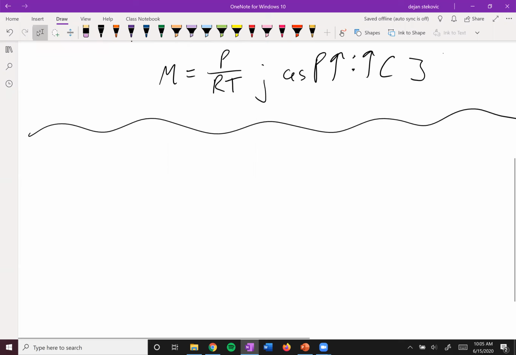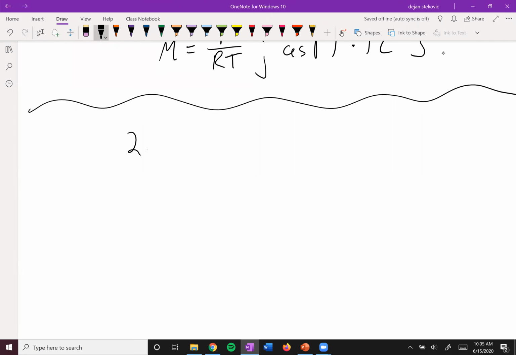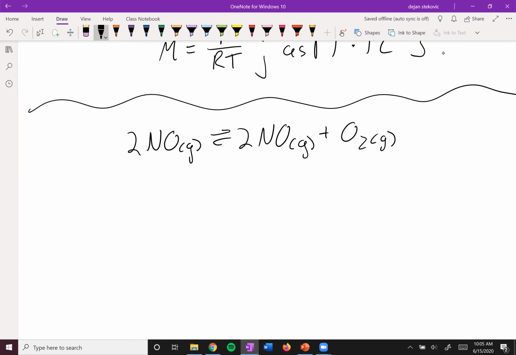So for example, we have two NO2 gases decomposing into two NO and one O2 gas, right? And so if we were writing the Kp expression of this, it'd be P_NO squared times P_O2, products to their coefficients over the reactants to their coefficients, so P_NO2 squared.